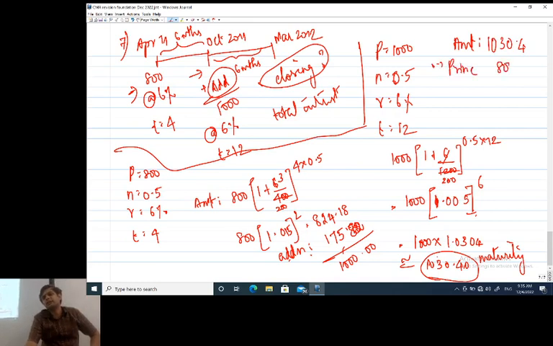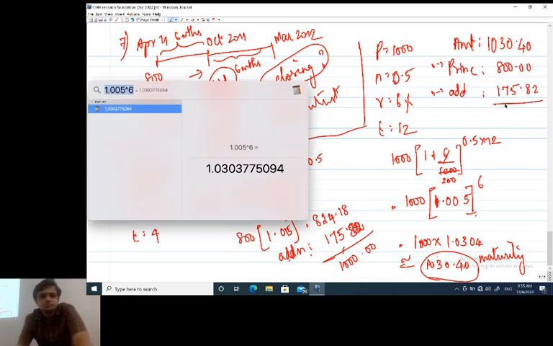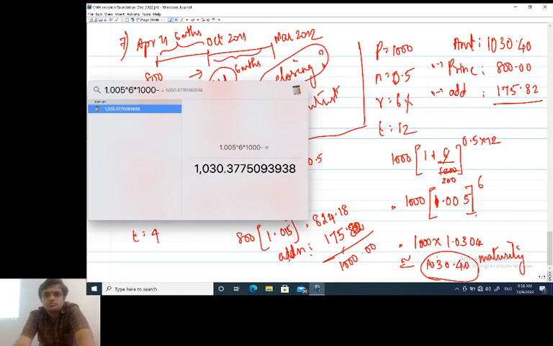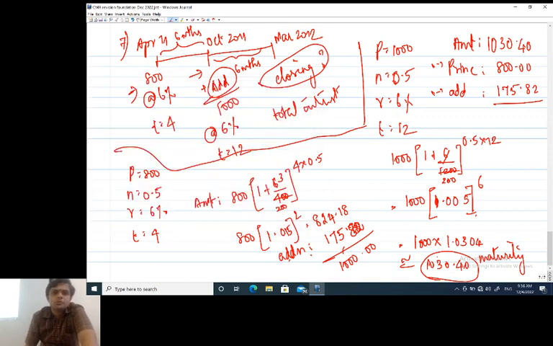How much did I invest? 800.00, less the addition I made, 175.82. What do you get? 54.55.